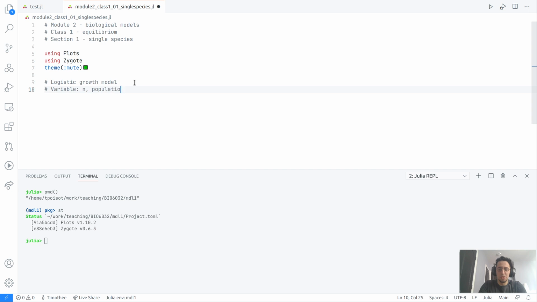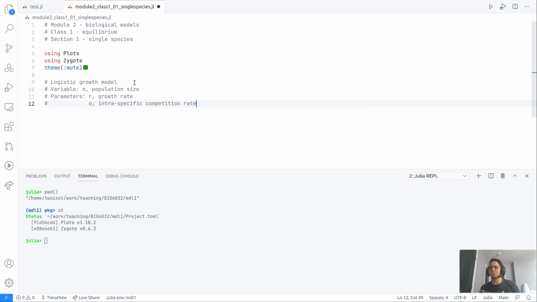And we have some parameters, which are r, the growth rate, and we're going to call it alpha, which is the intraspecific competition rate. And that's it.